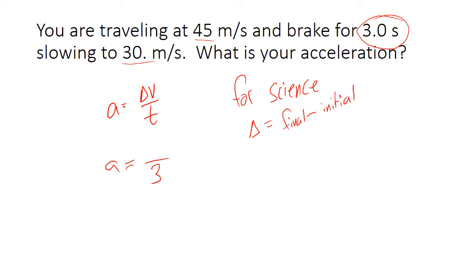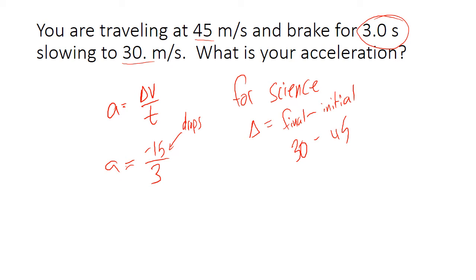Whenever they mean change, they always mean final minus initial, every time. So your final speed is 30, and your initial speed is 45, which means your delta is going to be minus 15. Now this should make sense because you're dropping speed, right? You're going from 45 to 30, so it should be a negative number there.